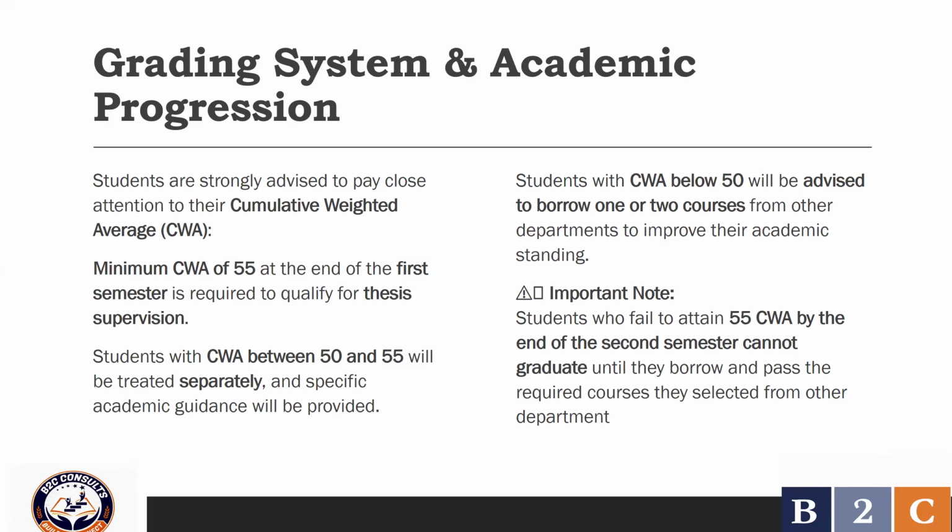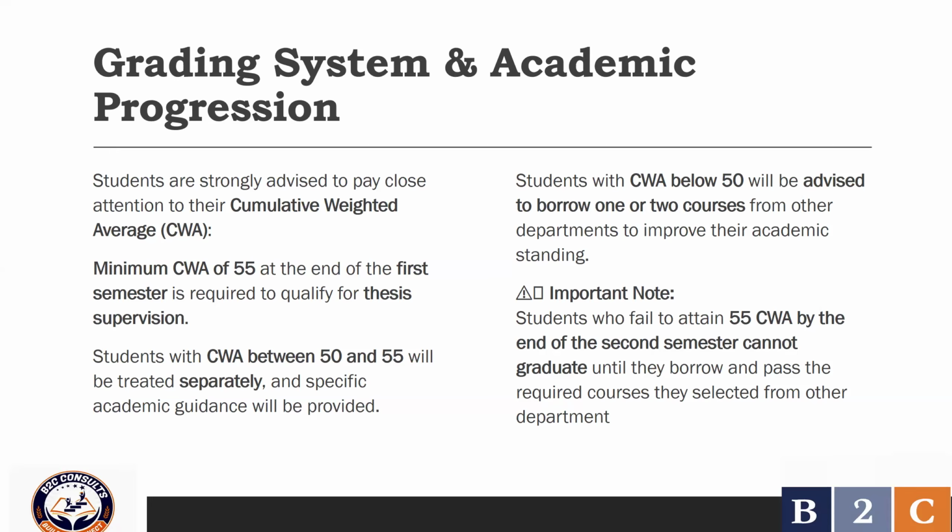So as we all know, KNUST uses the cumulative weighted average, that's the CWA, not the normal GPA some of us use, like 3.5. Here we use CWA.